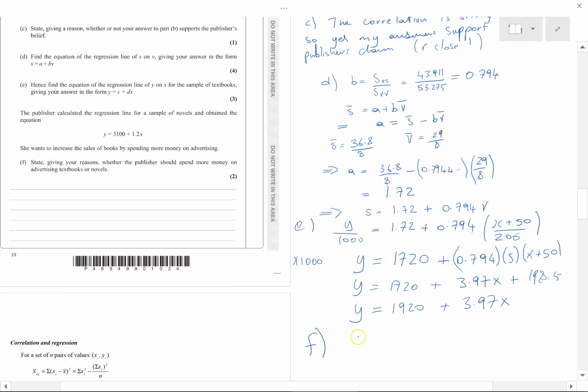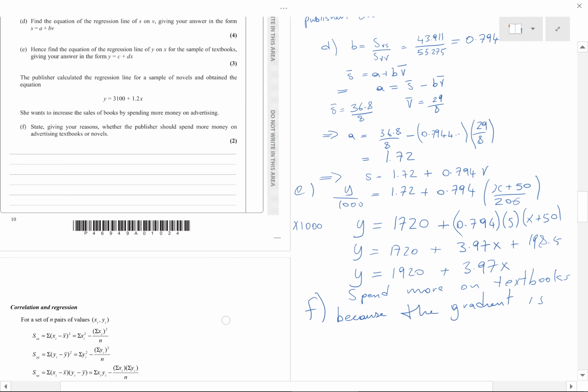So the answer is textbooks, spend more on textbooks, because the gradient is greater.